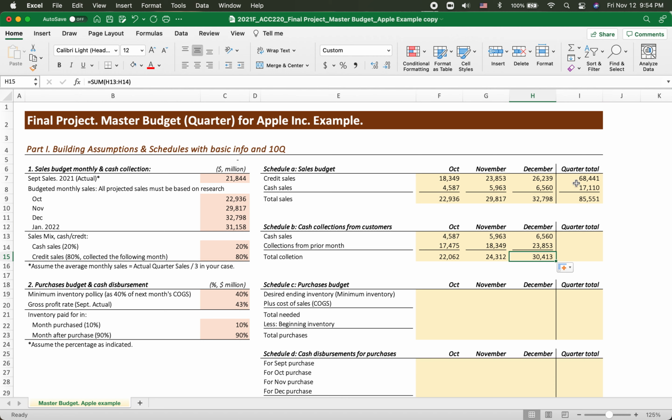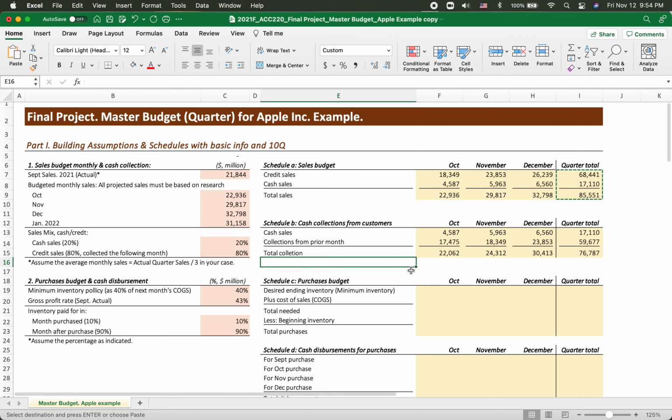Okay, and then the total collections for the quarter is 76 billion, but wow, there's a huge difference, right? So you need to manage the cash collections through this budget.